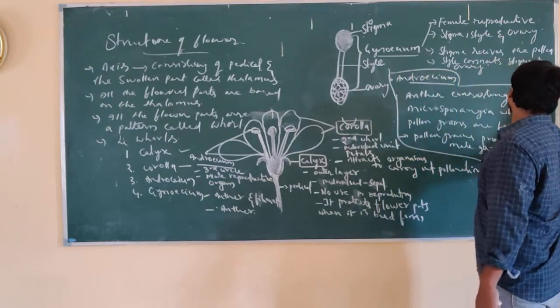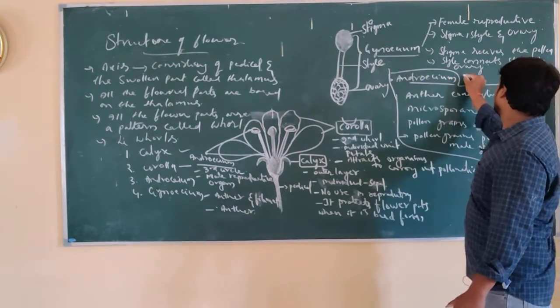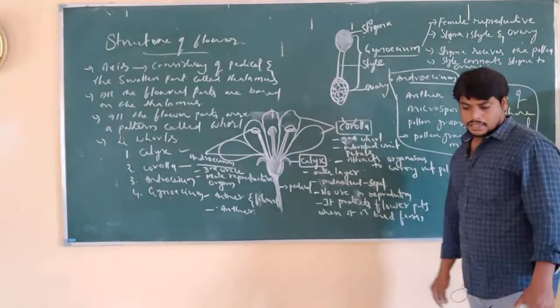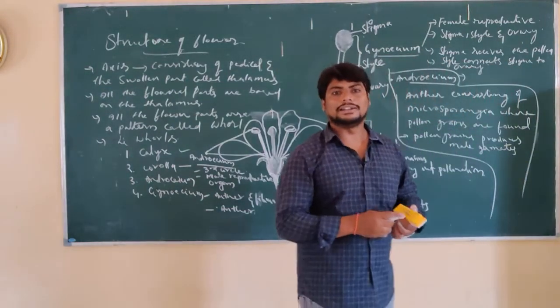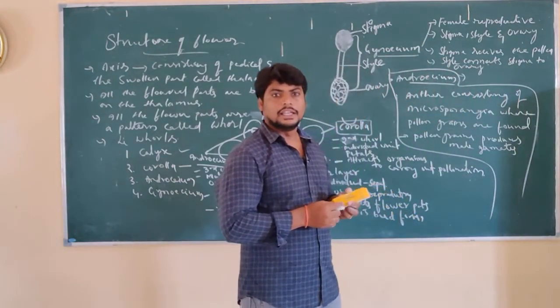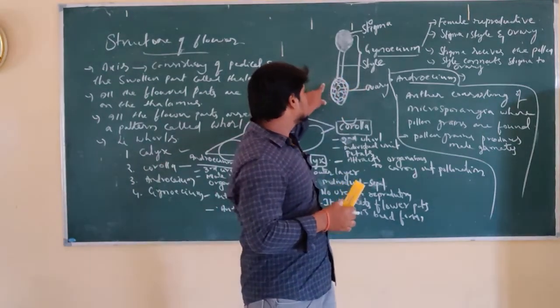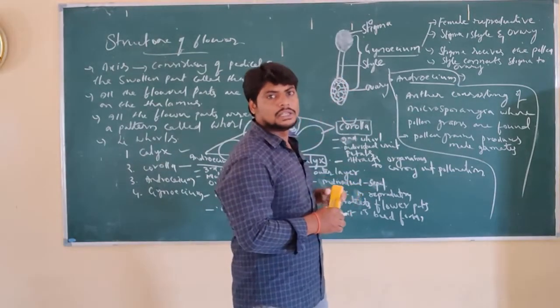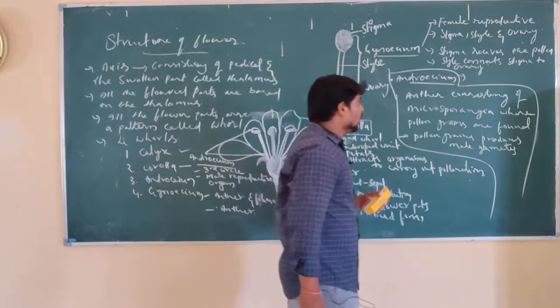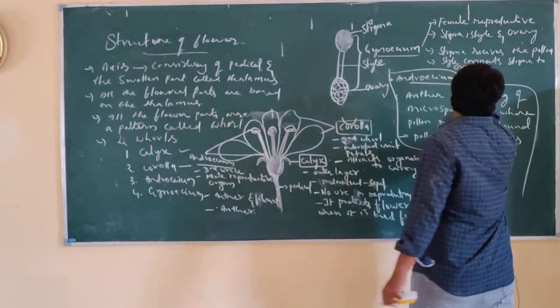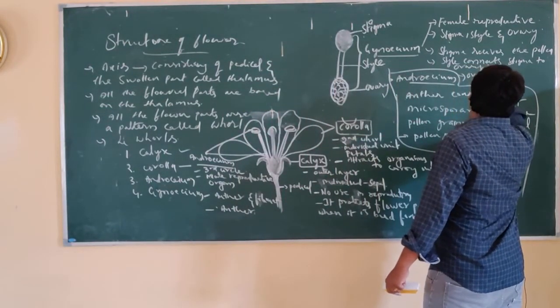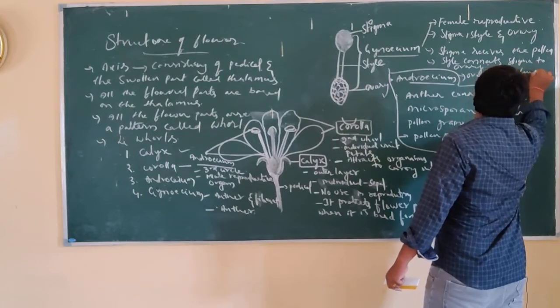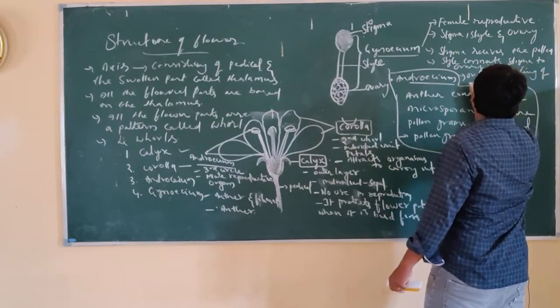whereas if you observe the ovary, it is the main reproductive part of a flower and it consists of ovules. Ovary consisting of ovules.